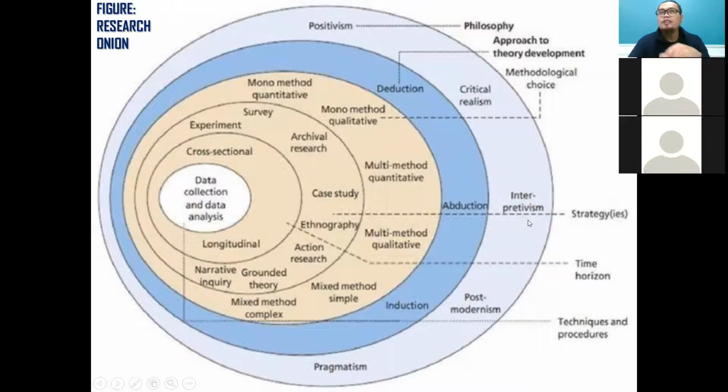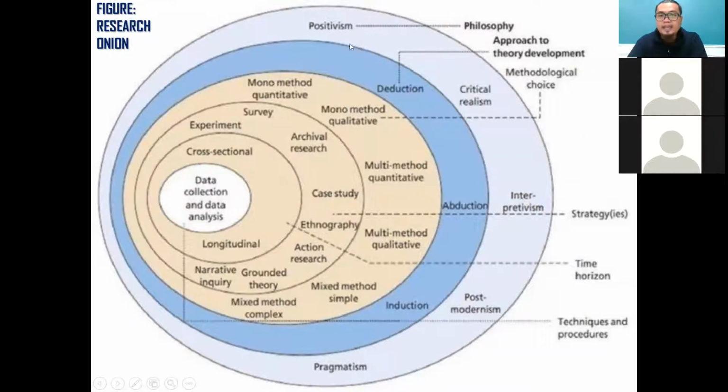If you use mixed method, maybe your research philosophy is pragmatism. Critical realism, maybe you can refer to quantitative, and postmodernism is for qualitative, but this is very basic and easy to understand. Most researchers in quantitative use positivism, qualitative interpretivism, and mixed method pragmatism.